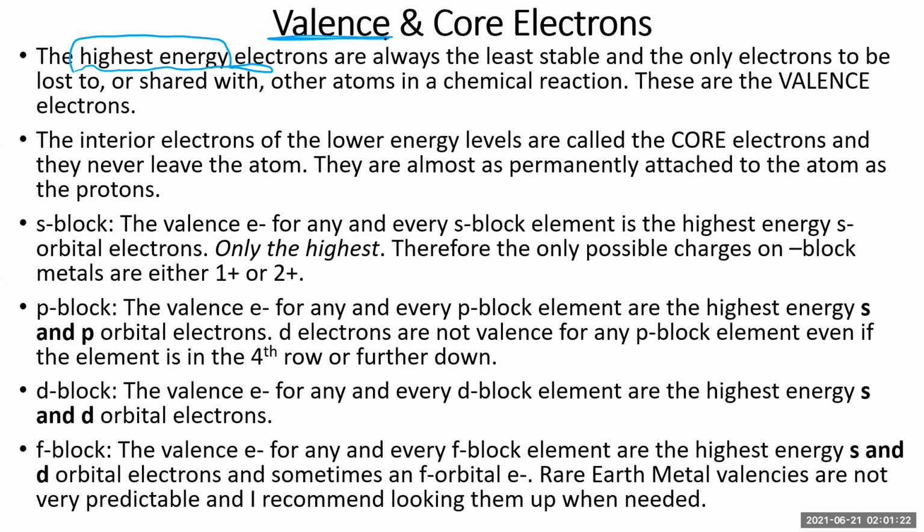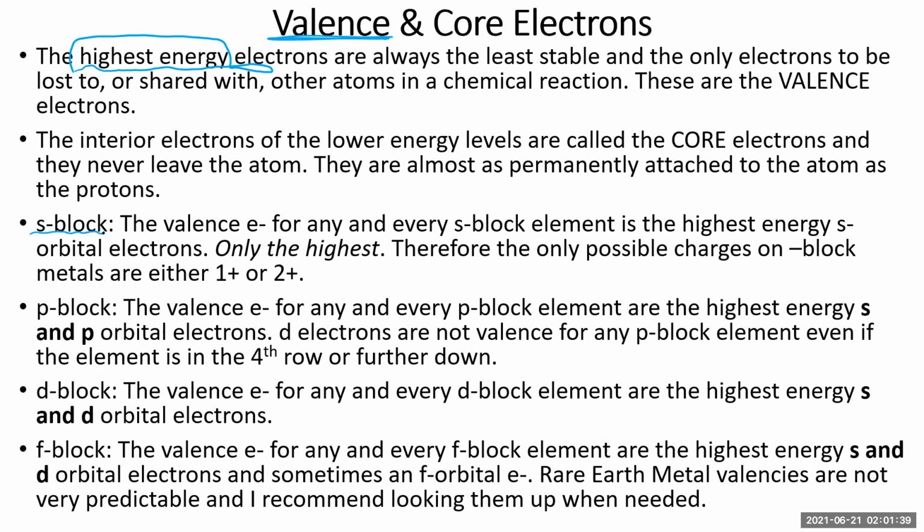Okay, so which ones or what are the valence electrons? Again, these are very predictable and consistent rules. And this is how you'll always be able to recognize valence electrons for these particular types of elements. S block.